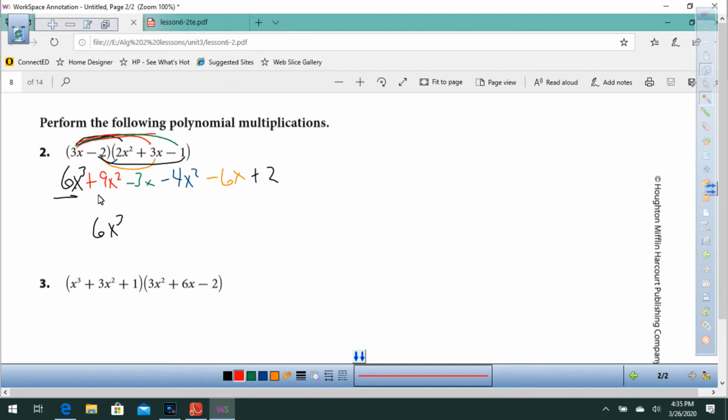Then we've got 9x squared and minus 4x squared, so that's going to be plus 5x squared. Next, we have minus 3x minus 6x, which is minus 9x. And then all that's left is plus 2. Now, that's the distributive method.